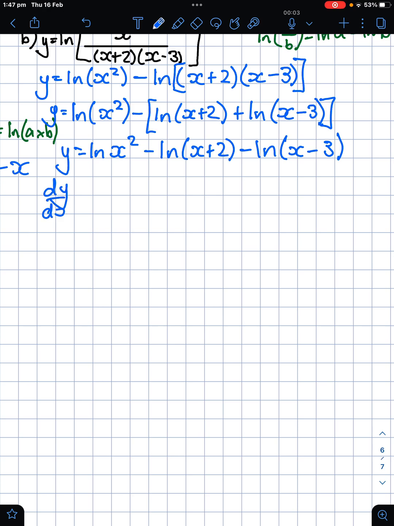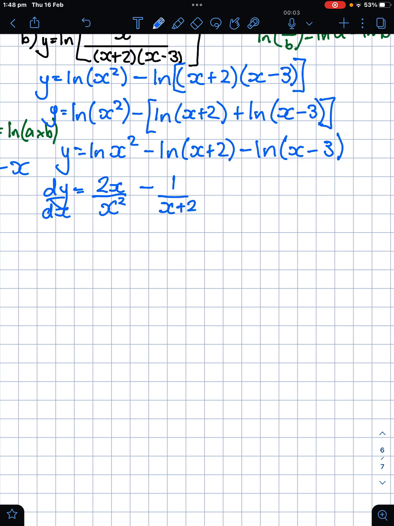While this is a bit of work, now when we do the derivative, dy/dx, the derivative of the first term is 2x over x squared, because the derivative of x squared is 2x. The derivative of our next term is minus 1 over x plus 2, because the derivative of x plus 2 is 1, with the original function on the bottom.